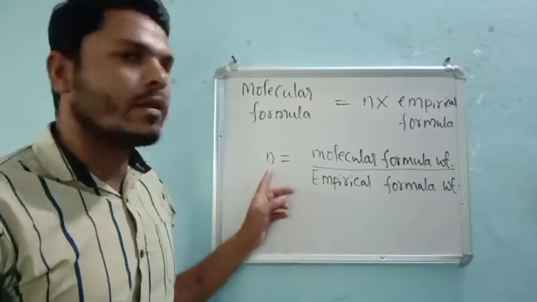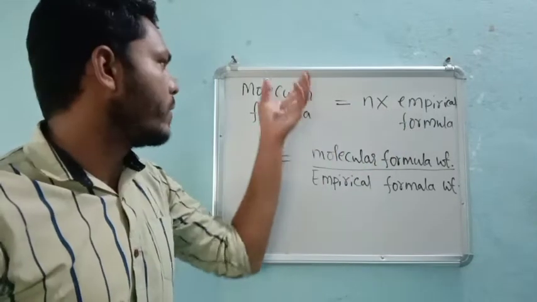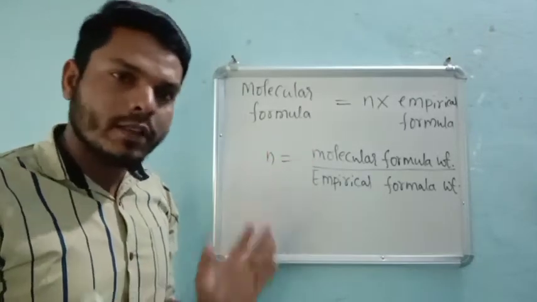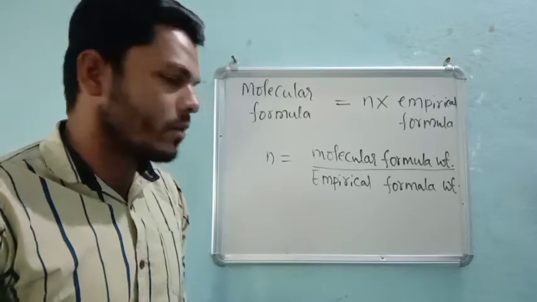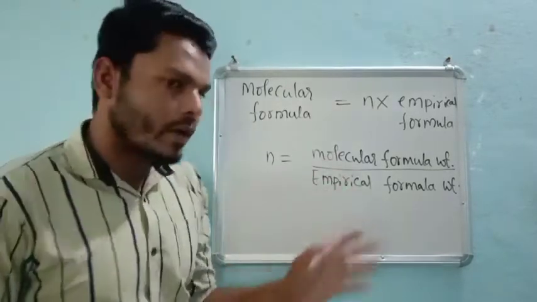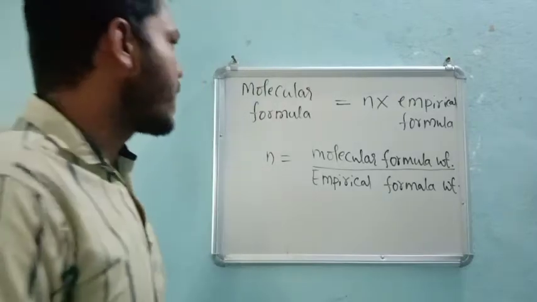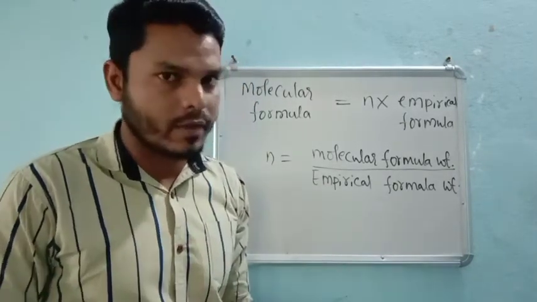Then we will get some number, and if we multiply with this, then definitely we can get the molecular formula. For this we require some very important part, different charts. That I will discuss in the next class definitely.